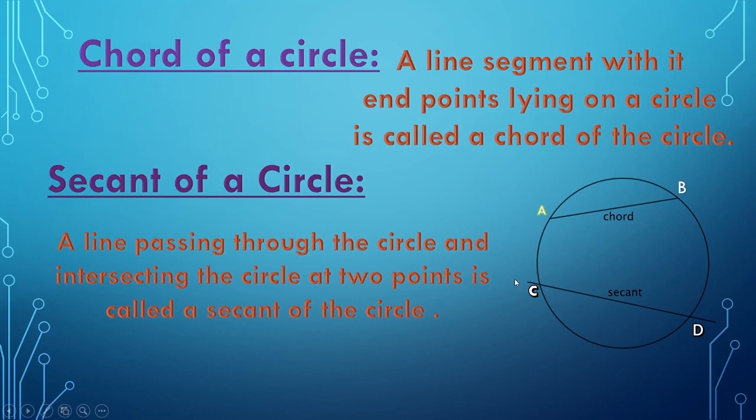In the figure we can see a line passing through the circle and intersecting the circle at 2 points C and D. So this line CD is called the secant of the circle. The difference between the chord of a circle and secant of a circle is that a chord is a line segment whereas a secant is a line.